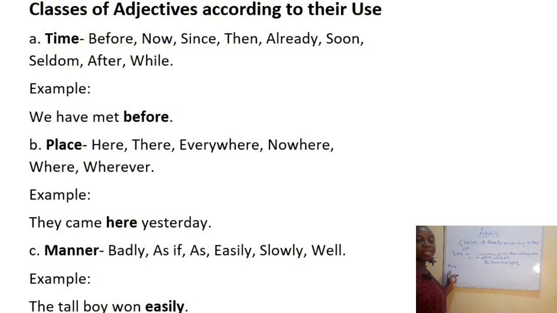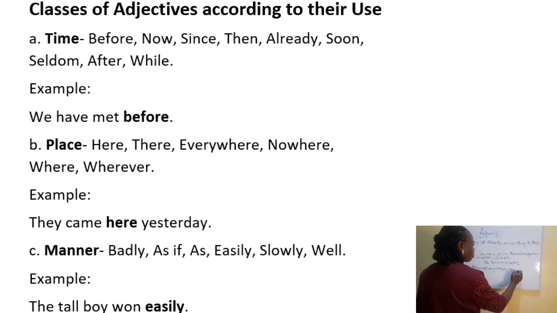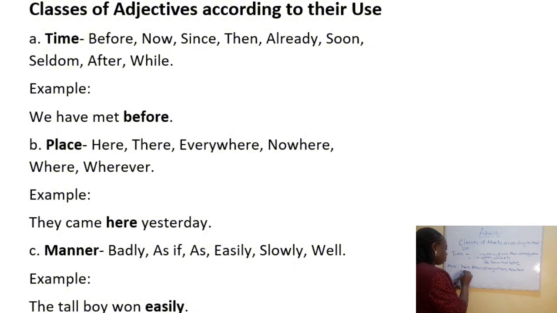The next one is place. What are the indicators for place? We have here, these are pointers. We have there, everywhere, nowhere, where, wherever, and so on.